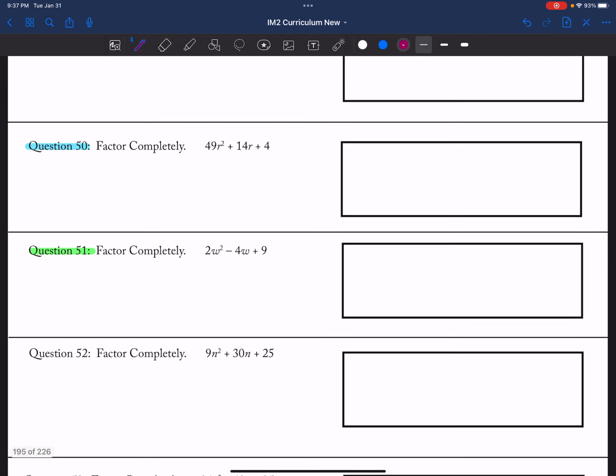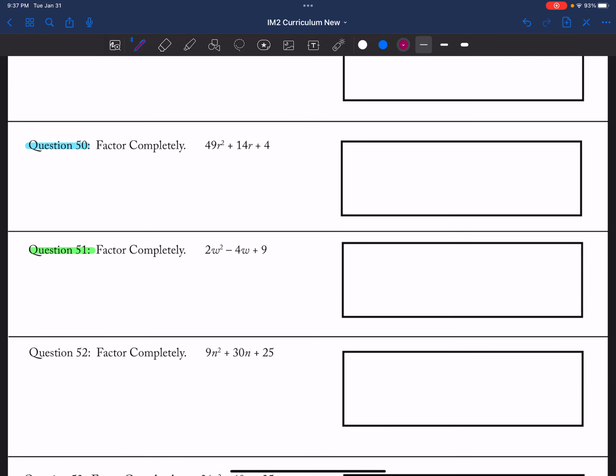Okay, 46. Everybody's not divisible by anything. So let us do our x 49 times 4, that's 196. And 14 goes on the top. So factors of 196 are 1 and 196. Oh my gosh, I wrote a 2 because I was thinking 2. I'm going to divide by 2.